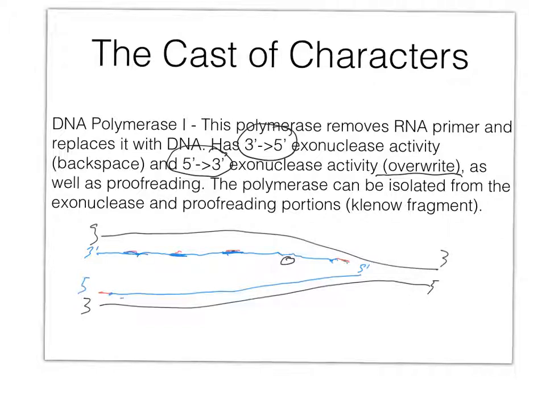And so where would you find a lot of DNA polymerase 1 associated with? The lagging strand or the leading strand? What do you think?